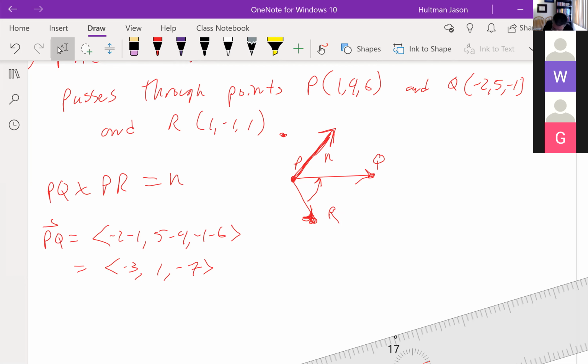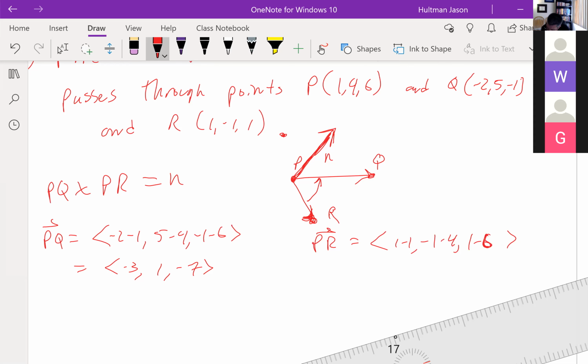Okay, what about PR? What's that one going to be? PR is going to be 1 minus 1, -1 minus 4, and 1 minus 6.